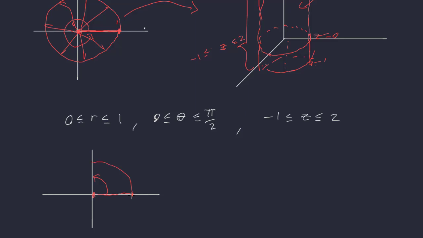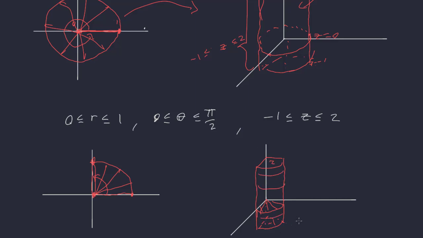So it would create just a portion of the circle, and when we move it to 3 space, we're only going to get this portion of the circle that we map up from -1 to 2. So it essentially gives us a wedge shape.